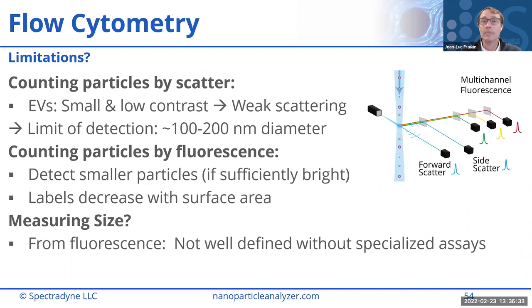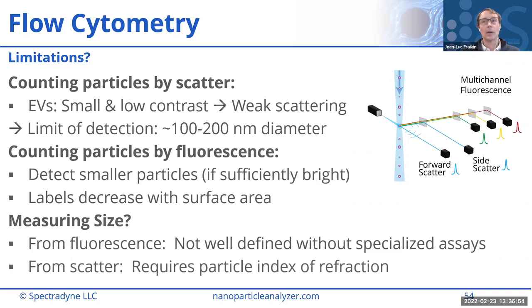And so it's not a well-defined conversion from fluorescence amplitude to particle size, unless you have a specialized control assay like a control membrane dye that you make assumptions about how it's labeling other things. And that's possible. There's work going on in that area that is promising too.